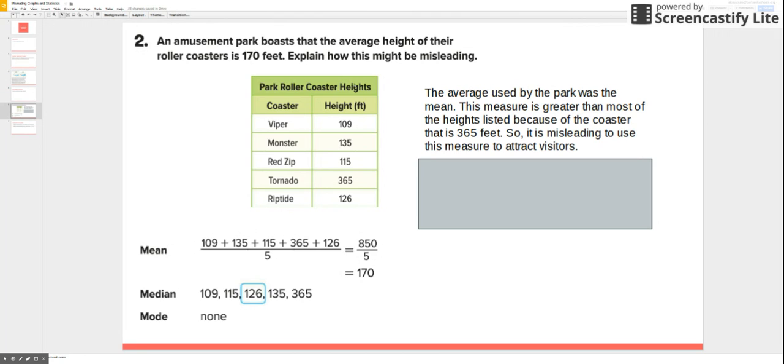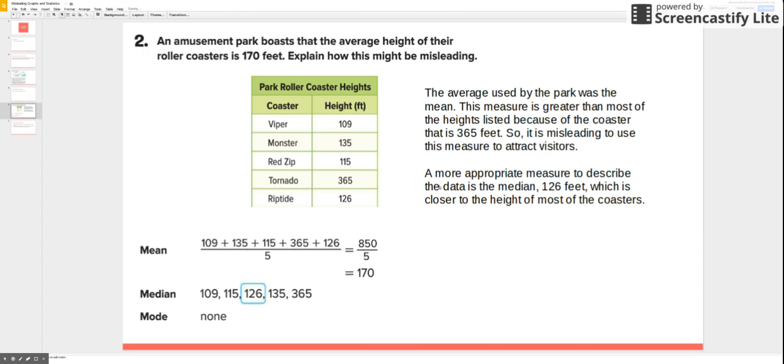If you're a visitor, you're expecting them all to be about 170 feet, in which case all of them are not that. Only one of them is higher than that. A more appropriate measure to describe this data would be the median of 126 feet, which is closer to the height of most of the roller coasters. If you notice, most of them are closer to 126 as opposed to 150.